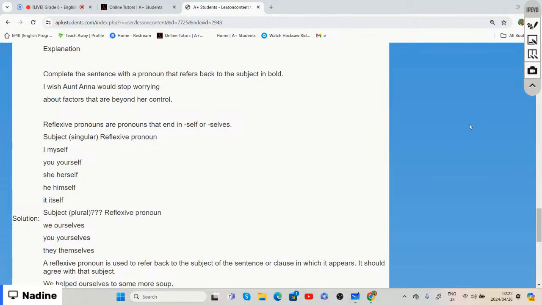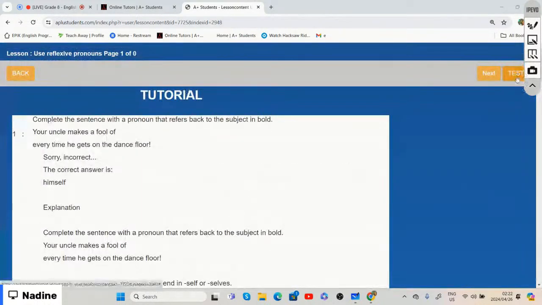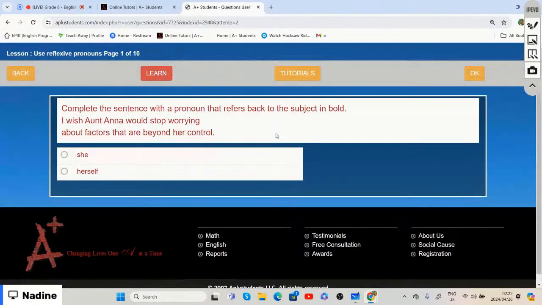All right. So now we're going to do our test on reflexive pronouns. Remember, a reflexive pronoun needs to refer back to the subject. All right. So we need to complete the sentence with a pronoun that refers back to the subject in bold. It says, I wish Aunt Anna would stop worrying about factors that are beyond her control.